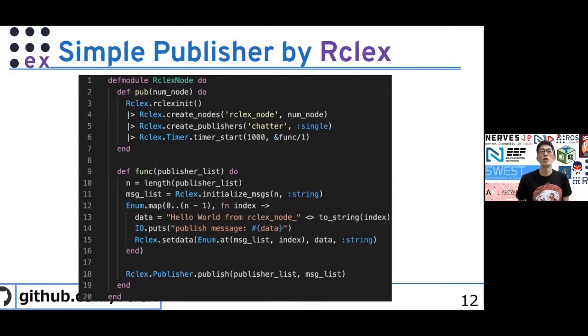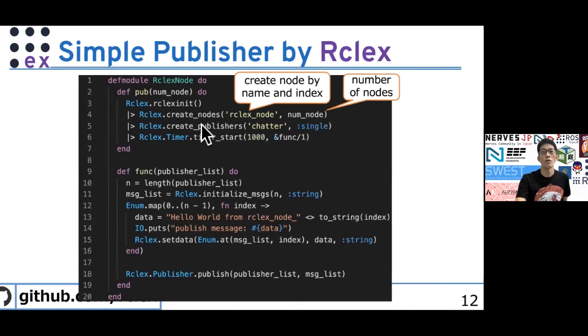This is a simple example code for a publisher node implemented with the Rclex API. First, create nodes. The API will create ROS nodes with their names and the number of nodes. You can spawn massive numbers of ROS nodes at the same time according to the value of num_nodes.